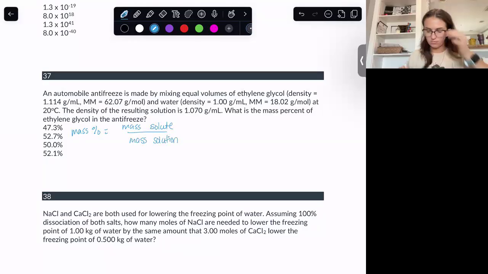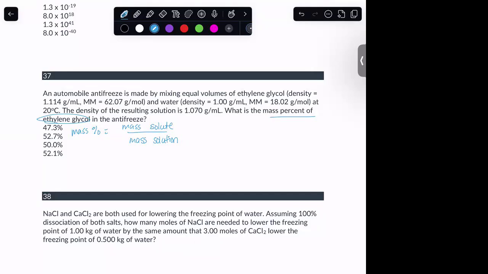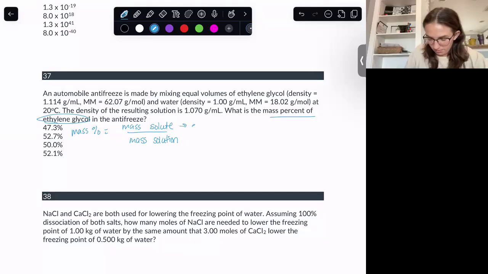Perfect. Okay, and how does that help us? Where do we go from here? We're looking for the mass percent of ethylene glycol. So is that going to be our solute or solution? It will be our solute. Yep, so this is going to be our ethylene glycol.